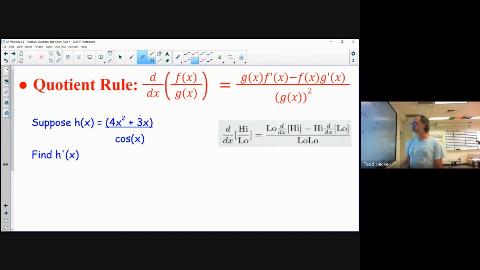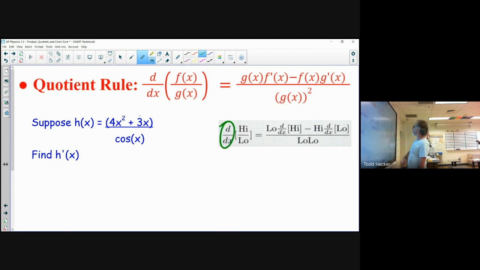But the math teachers here have come up with this clever mnemonic device to remember it. And there's a little song that goes along with it, and they'll teach you that. What we're going to do is call the top function high, and we're going to call the bottom function low. And then D means derivative. So here's our little trick.